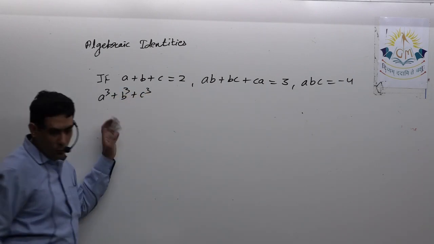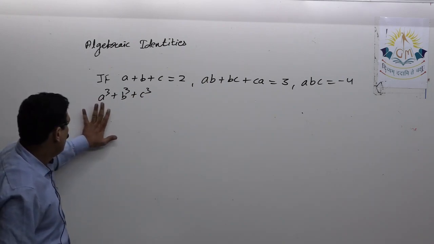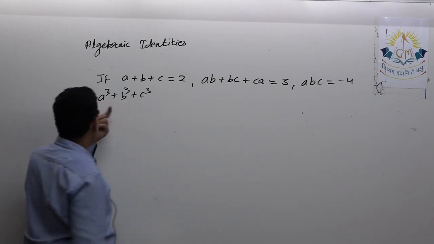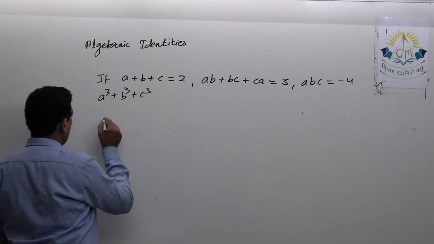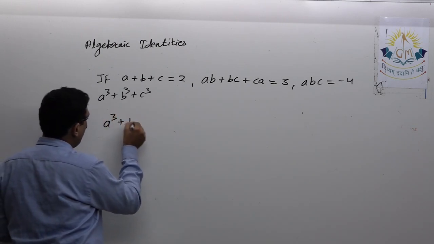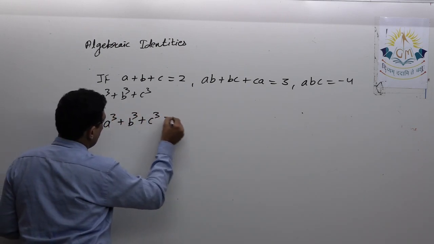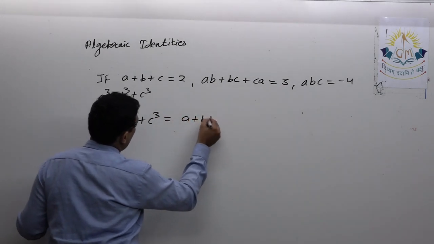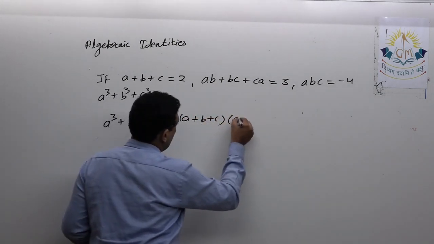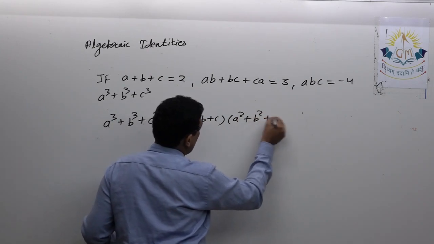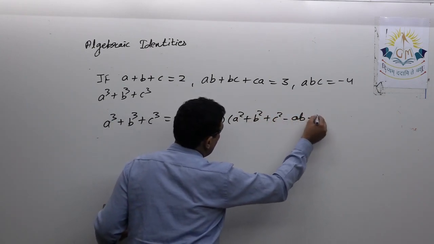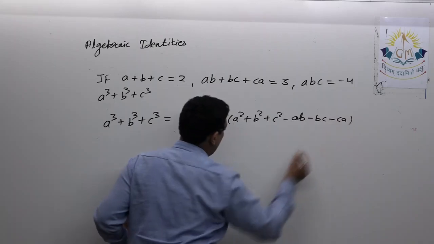There is only one identity which has these terms a cube plus b cube plus c cube. First of all, let me write that identity. That is a plus b plus c times a square plus b square plus c square minus ab minus bc minus ca.